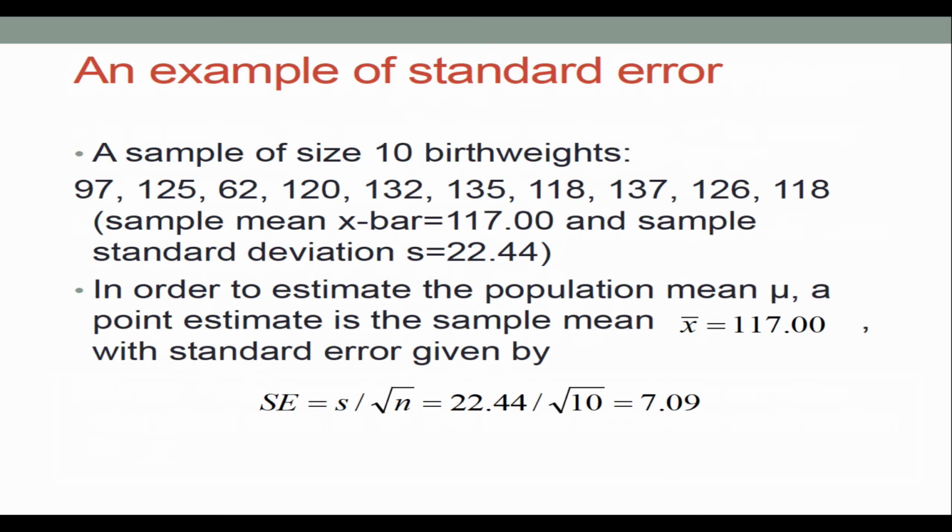The sample mean, small x bar, is just the point estimate for the population mean. And its standard error should be calculated by the sample standard deviation divided by the square root of n. Here n equals 10. You need to use 22.44 divided by the square root of 10. 7.09 is the standard error for this sample mean.